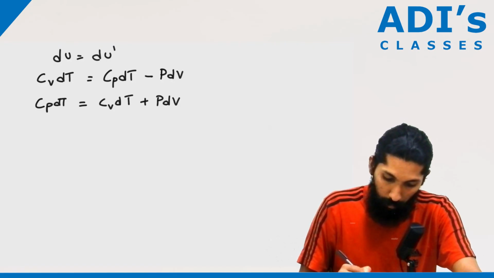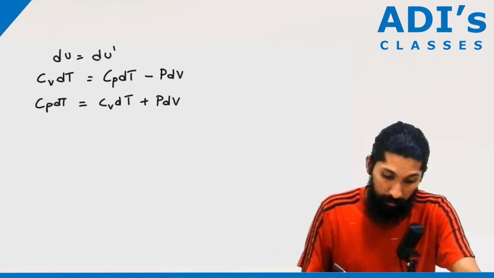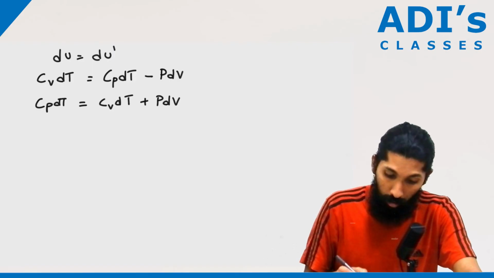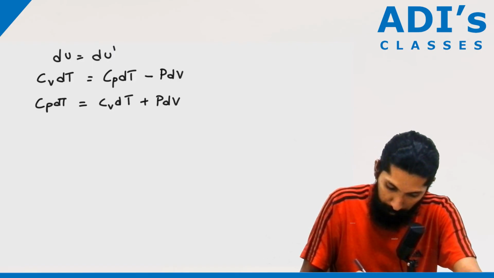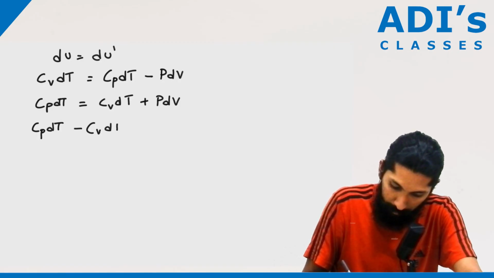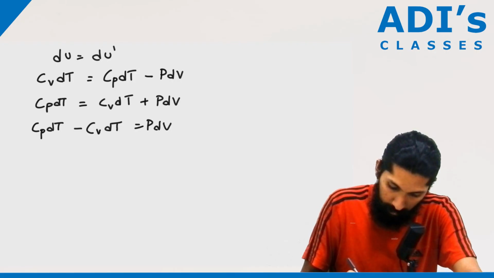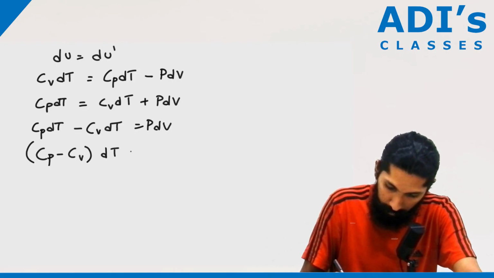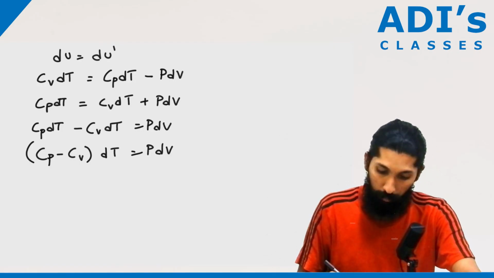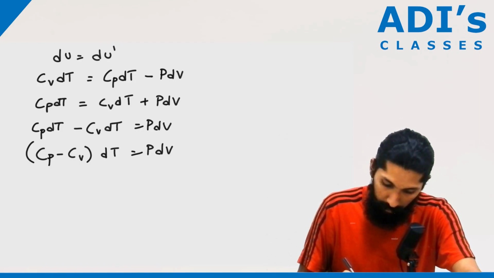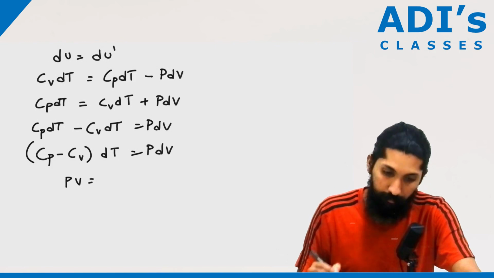So Cp dT minus Cv dT is equal to P dV. Take dT common: (Cp minus Cv) into dT is equal to P into dV. Now what do we know? PV is equal to RT.